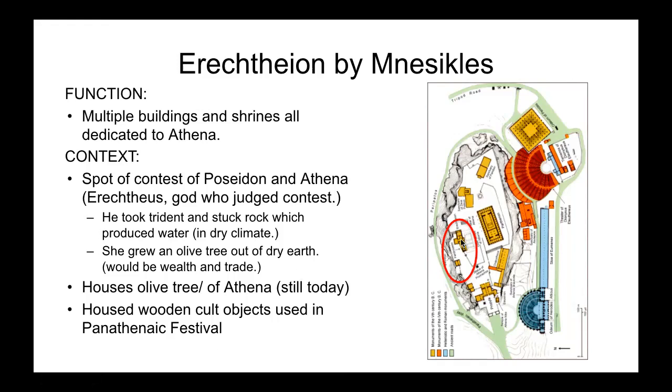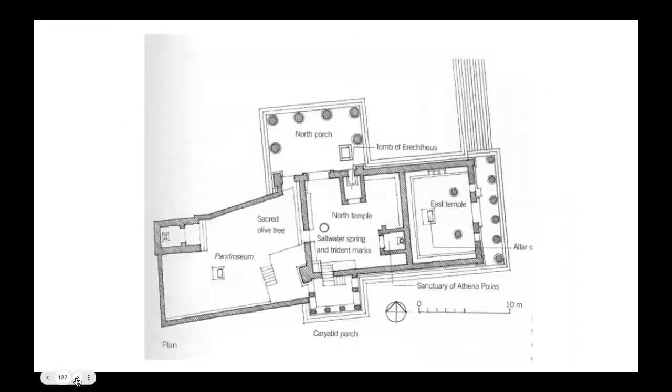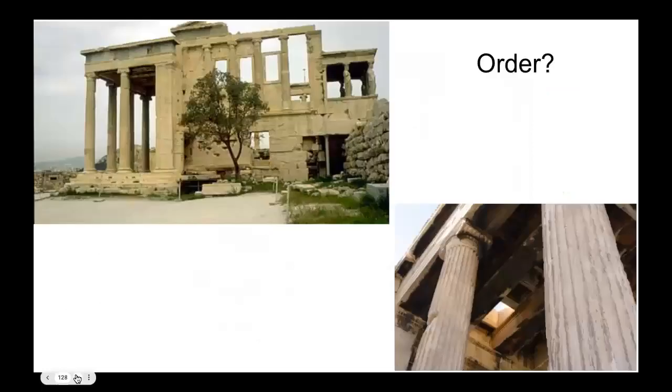Inside this structure, besides having different shrines to Athena, there would have also been storage for the different objects used for the procession in the Panathenaic festival, the birthday of Athena. Here you can see the divisions of these different temples. Here's where the spring and the trident marks are, so it's kind of central in the temple itself.